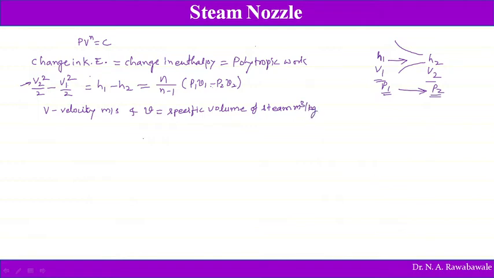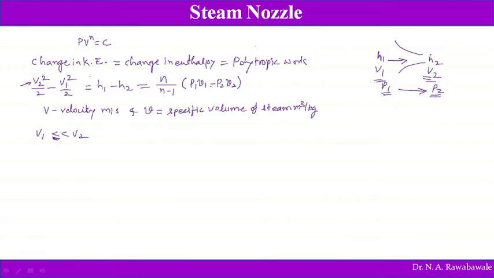Now what we have seen is that velocity V1 is very much less than V2. Initially the velocity of steam while entering the nozzle is less, and the velocity of steam at the exit of the nozzle is high.